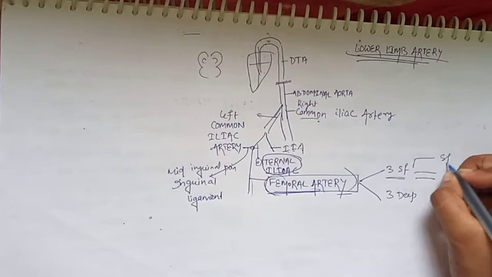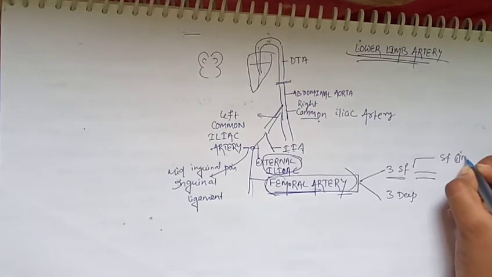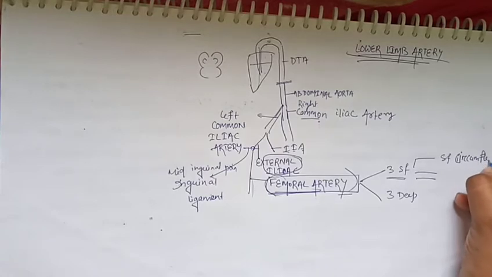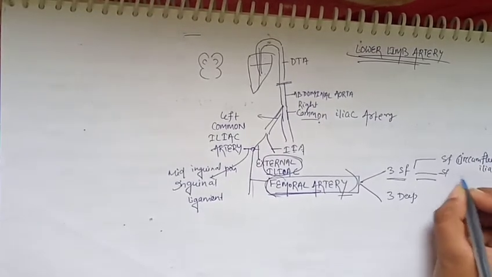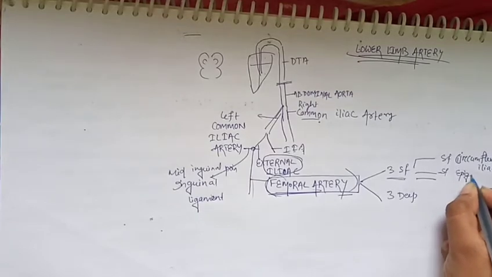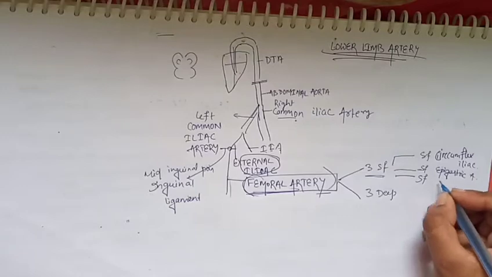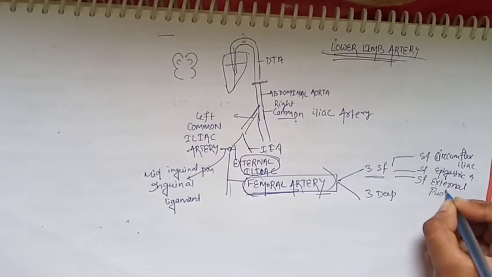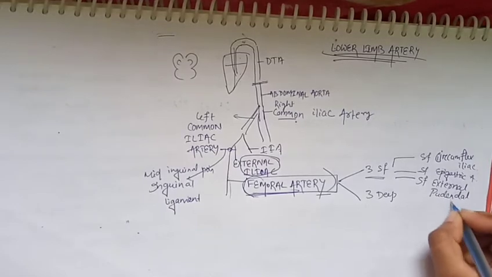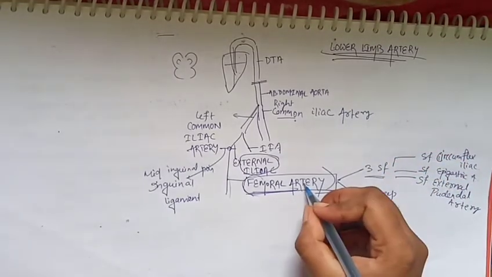One is the superficial circumflex iliac artery. Another is the superficial epigastric artery. Another is the superficial external pudendal artery. So in this way we discuss the 3 superficial branches of the femoral artery.